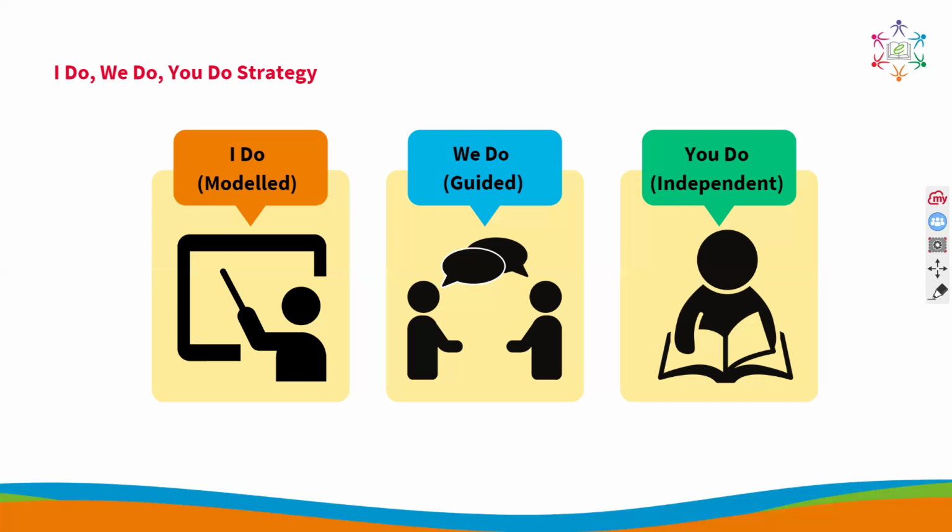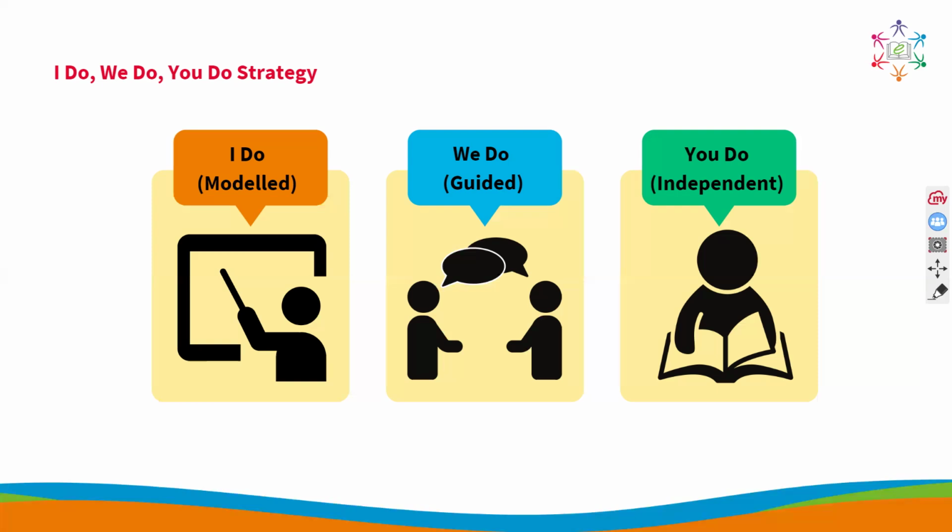Then the we do phase is the guided phase. In this phase, you guide the students as they practice the concept or skill together with you. It's a collaborative effort where you are still leading, but they are starting to get involved. Have the students conduct a simple experiment with you. Ask them to do experiments with different objects like a stone, a leaf, and a piece of paper.